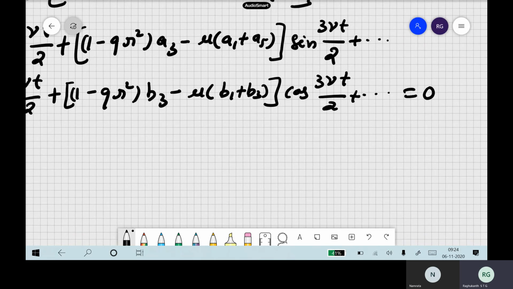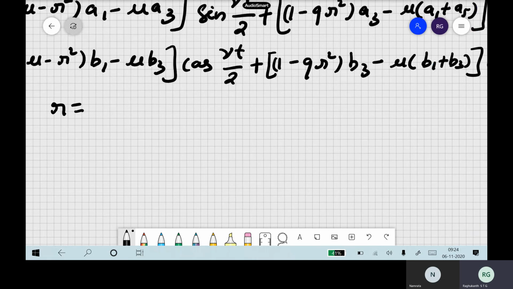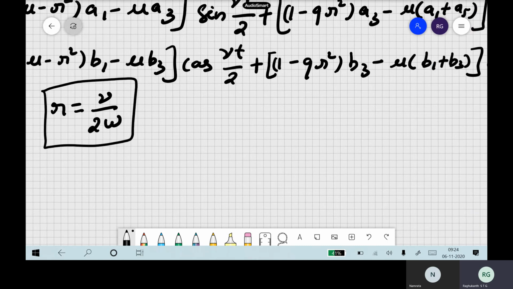Now of course r is nothing but nu by 2 times omega. So this is our r. It is nothing but the ratio between the forcing frequency and the natural frequency of the system.